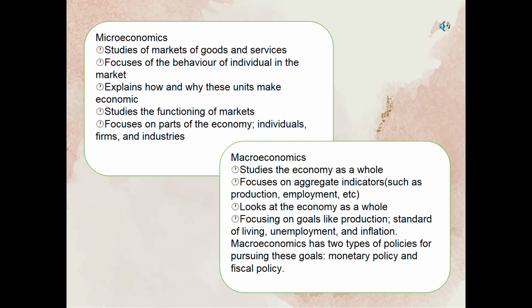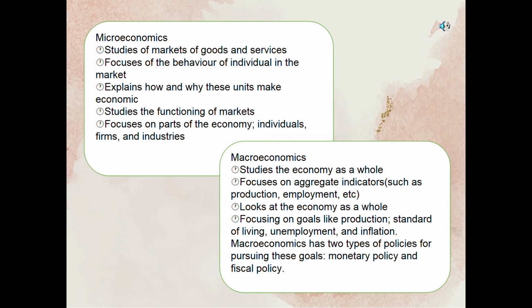Its perspective looks at the economy as a whole, focusing on goals like production, the standard of living, unemployment, and inflation. Macroeconomics has two types of policies for pursuing these goals: monetary policy and fiscal policy.